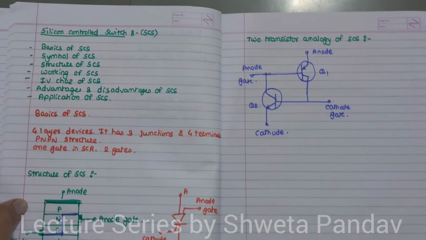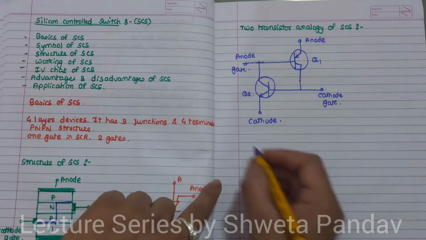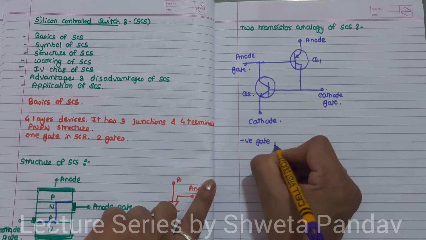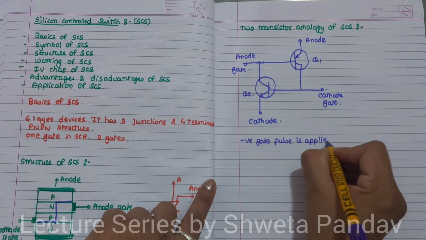Now let us see how it works. When I apply a negative gate pulse to the anode gate, what happens?